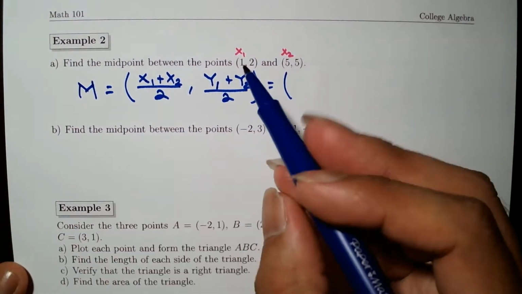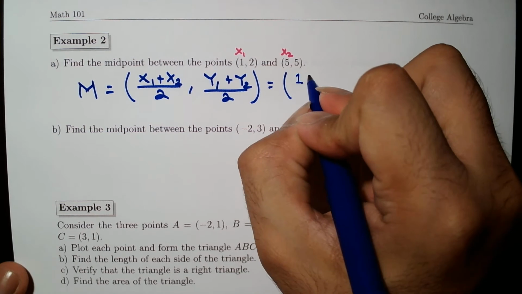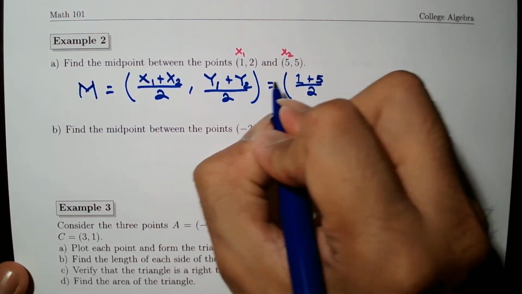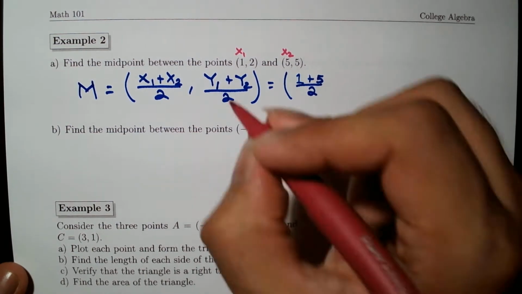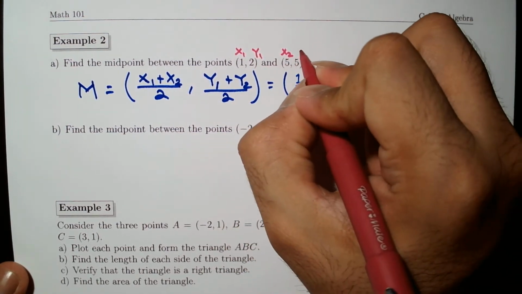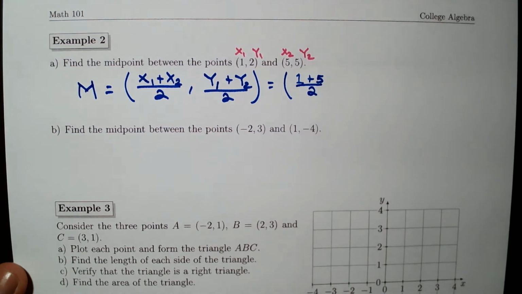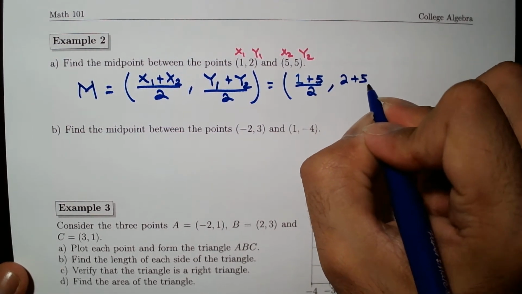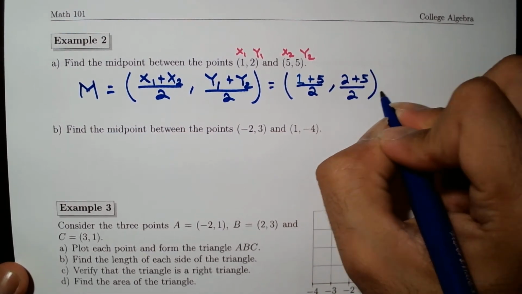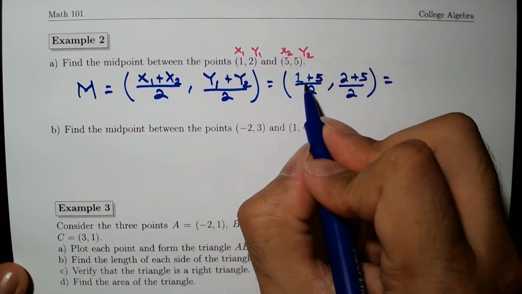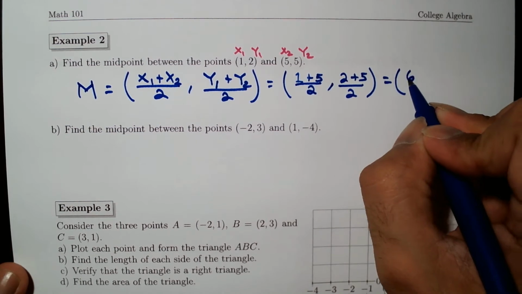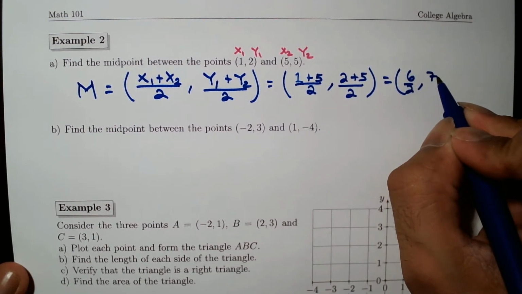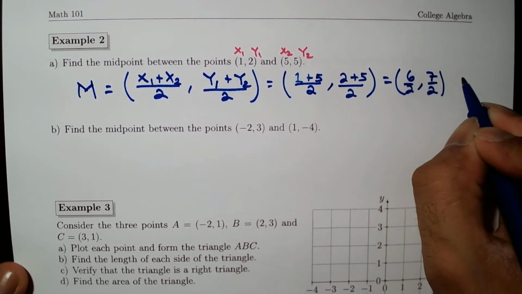That's going to give us 1 plus 5 divided by 2, and y1 plus y2, which in this case is 2 plus 5, divided by 2. So 1 plus 5, which is 6, divided by 2, which can be reduced. 2 plus 5, which is 7, divided by 2, cannot be reduced.